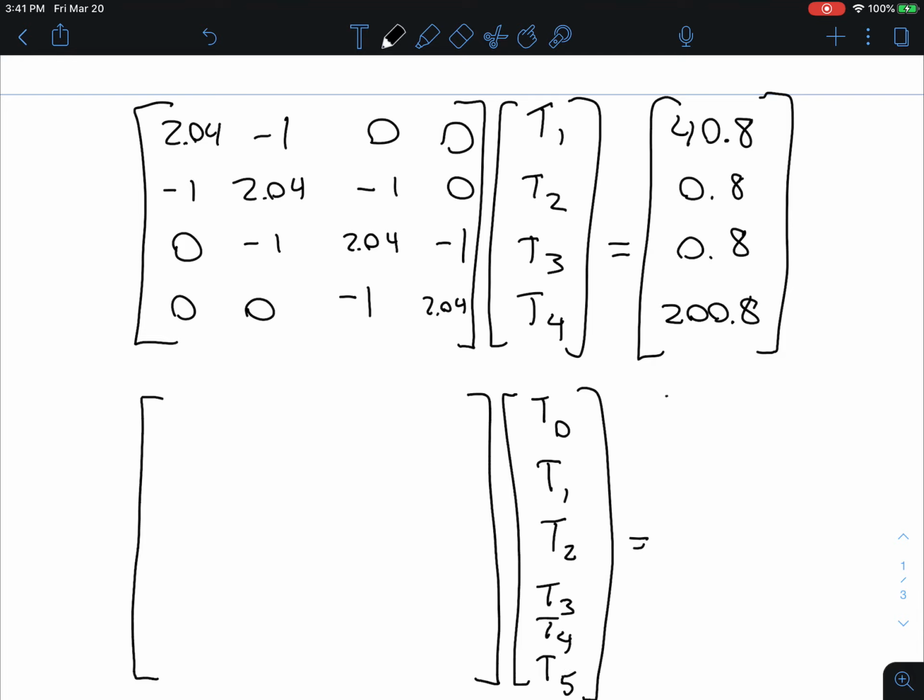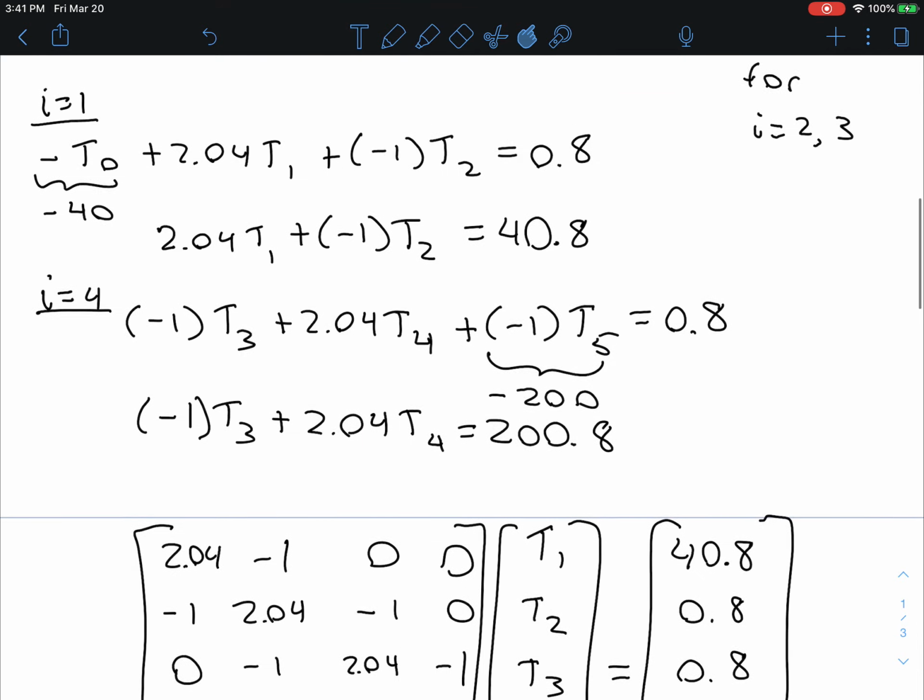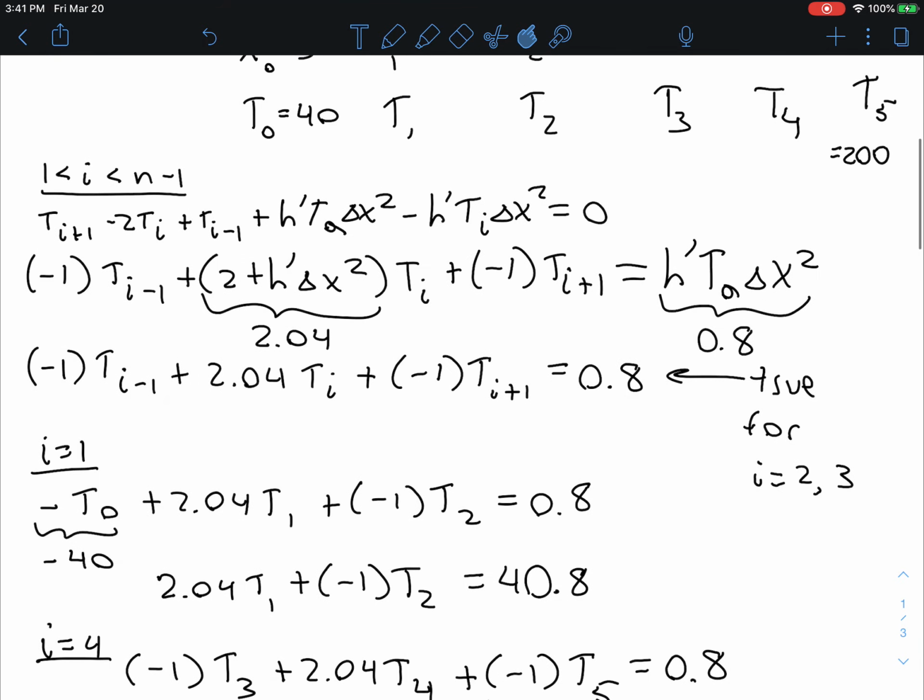And I'm actually going to write out the rows. So what I did here was come up with a formula that works for arbitrary i.